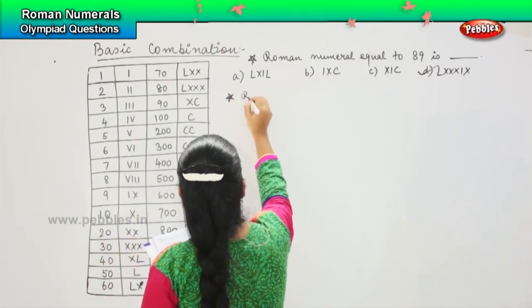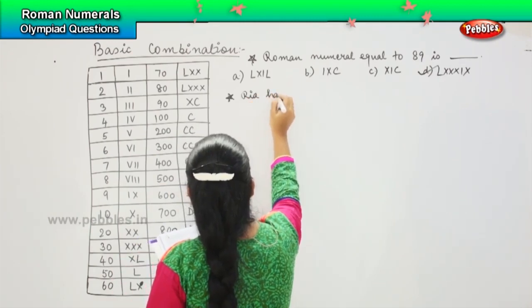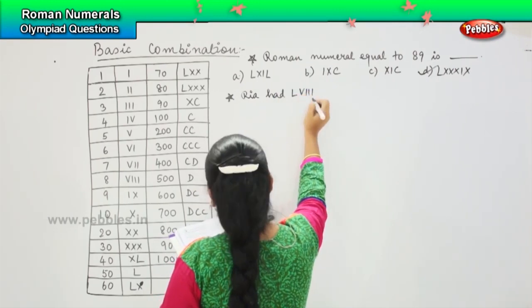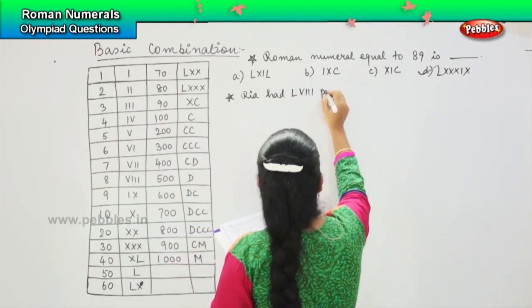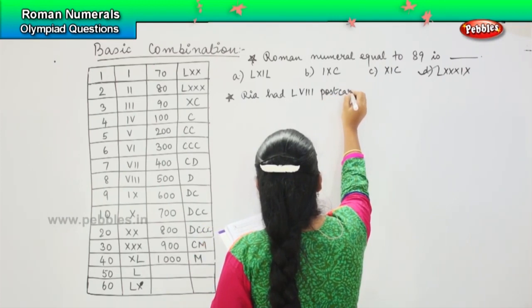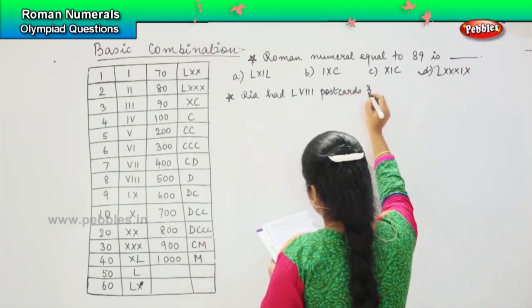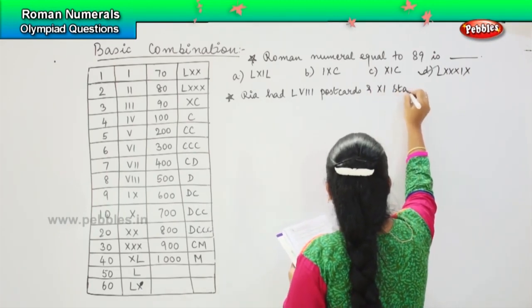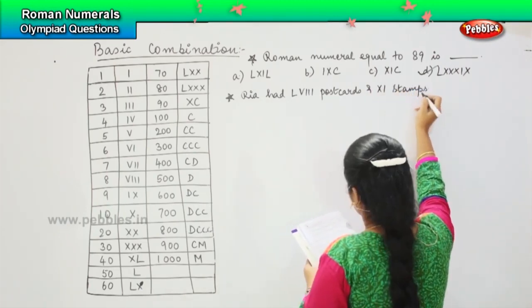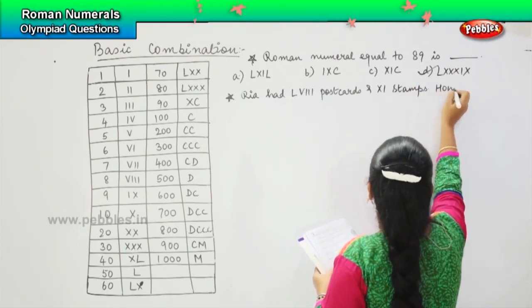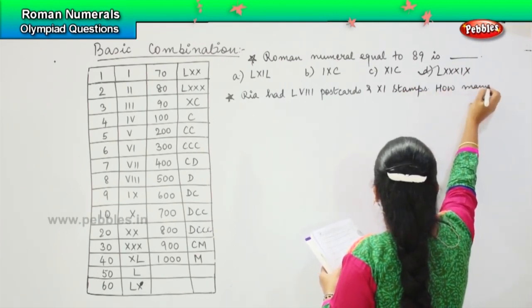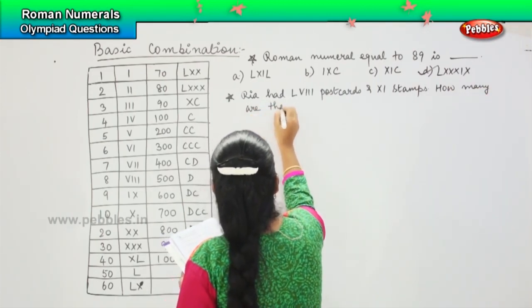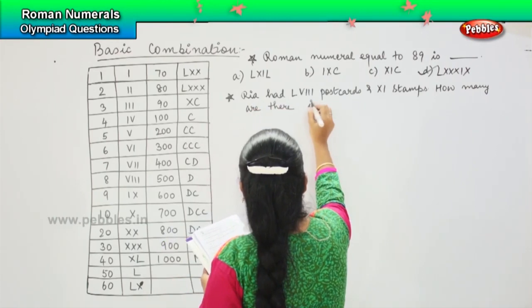Ria had LVIII postcards and XI stamps. How many are there in all?